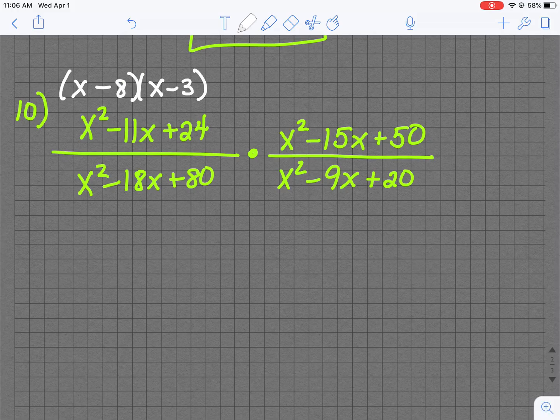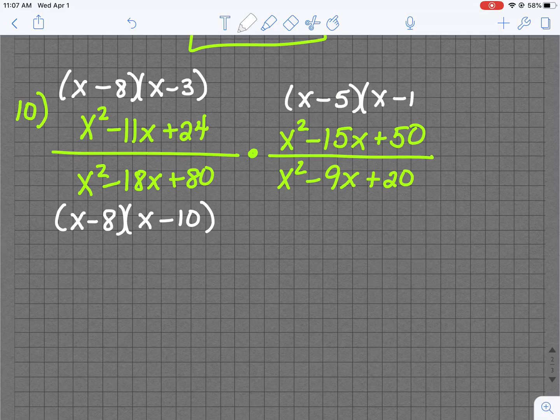In the denominator here, I ended up with x minus 8, x minus 10. In the numerator in the second fraction, I ended up with x minus 5 times x minus 10. And in the denominator, I ended up with x minus 4 multiplied by x minus 5.